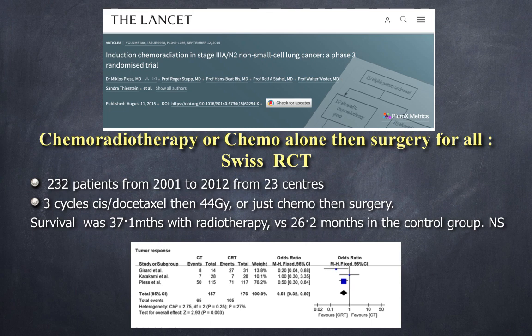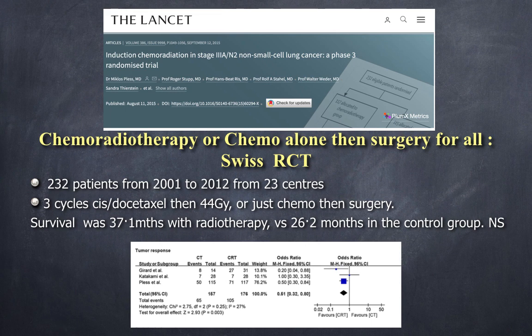We're thinking, yes, there are some studies showing that if you put them all together, that's a good thing. But then, is chemoradiotherapy or chemotherapy alone, then surgery, and then some chemotherapy afterwards if you don't get it all out, the best treatment? There has been a study looking specifically at that from Switzerland, and it didn't quite come out positive.